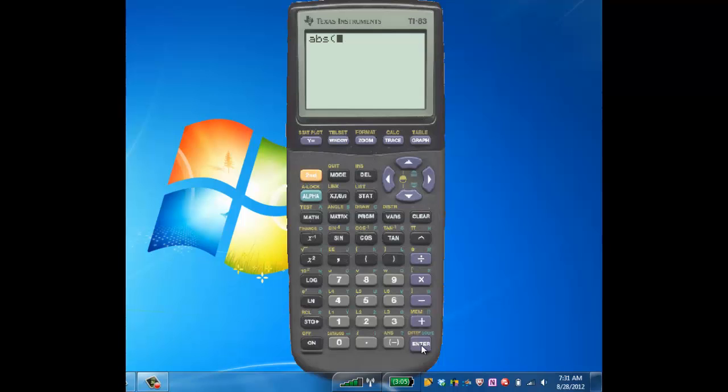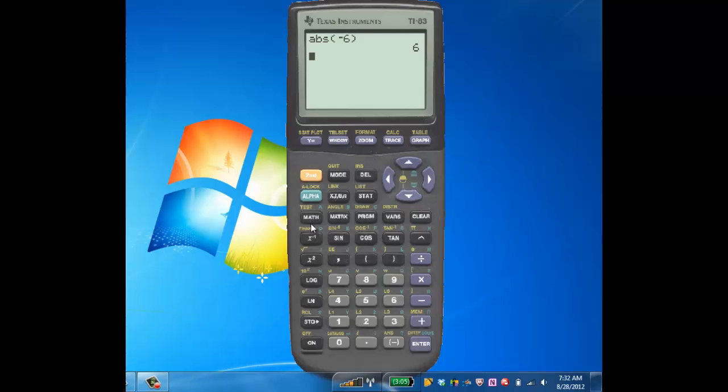Now on paper your absolute value symbols are bars, but on the graphing calculators our absolute value is represented by just a quantity that will be in parentheses. So I want the absolute value of negative 6, and you do not have to close your parentheses if this is all I'm doing. I'm going to go ahead and close them anyways and hit Enter, and I know the absolute value of negative 6 is positive 6.